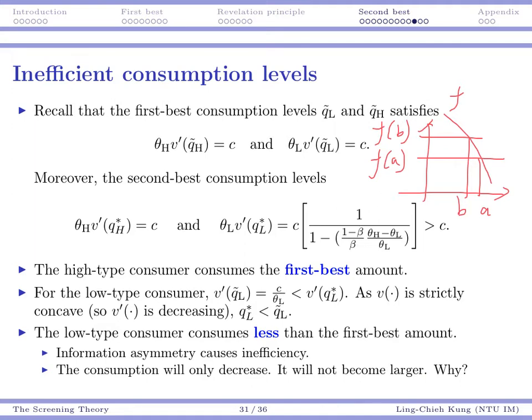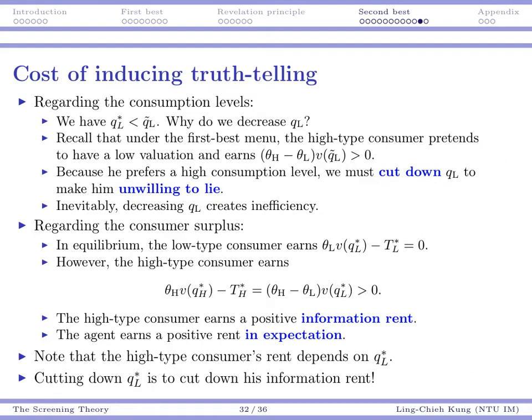You will only decrease the consumption level for the low type consumer. You will never make it larger. And also you will not try to alter your high type consumer's consumption. Why? Let's answer it. So regarding the consumption level, the most important observation is that we decrease QL.